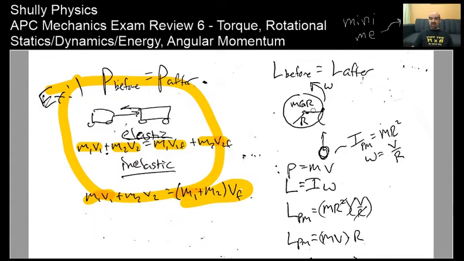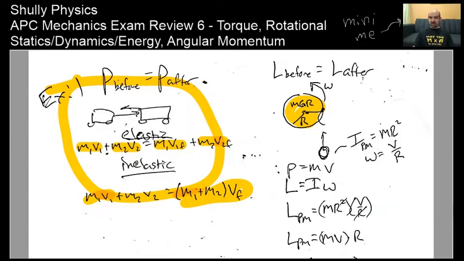Now, what if we have a merry-go-round, all right? And we have the riders moving in or out. So there's not really a change or a collision here, but there is a change in the mass distribution of this object. So you've got the merry-go-round by itself, it's not going to change its mass distribution, so it'll just spin, spin, spin indefinitely unless there's some friction in it.